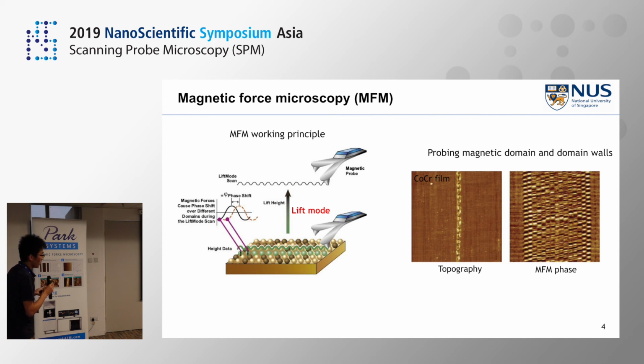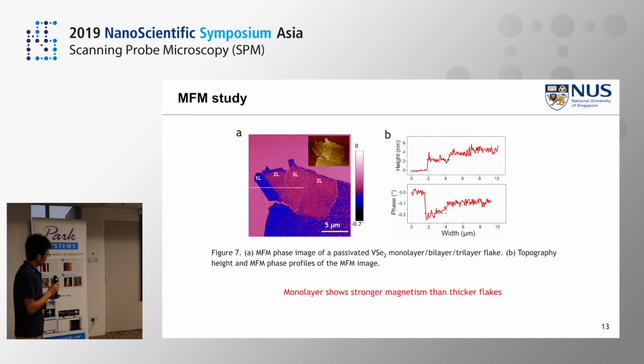Then the magnetic force will become the dominating force, so in the second scan, it will collect the magnetic signal. So this method has been widely used in inorganic thin-film materials to check, just like the image, the magnetic grain boundaries, the magnetic domains and the domain walls.